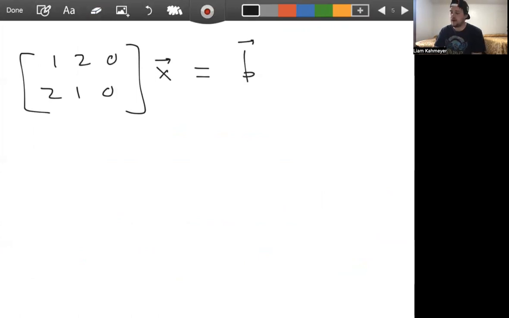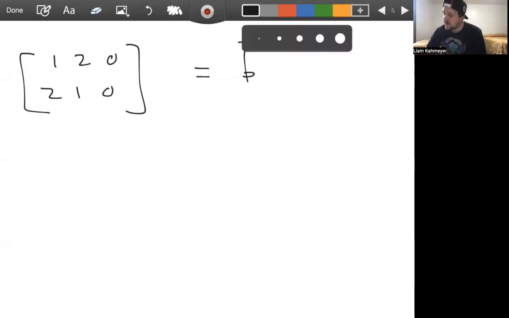Well, I need to multiply A by x. So what I would be doing is taking the dot product of this vector with the rows of A, right? And to do that, the length of the rows has to be the same as the length of the vector x.